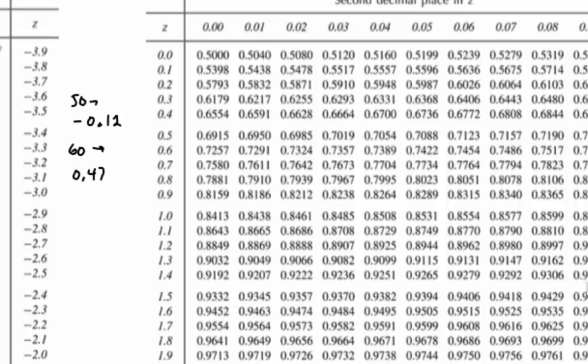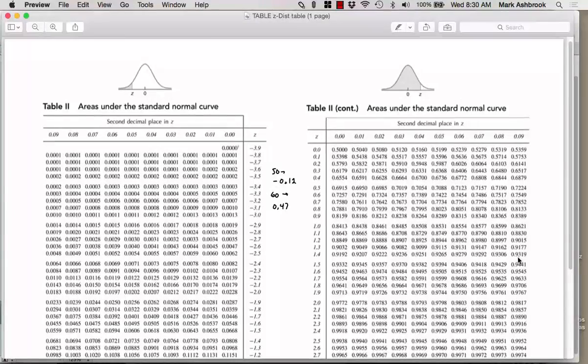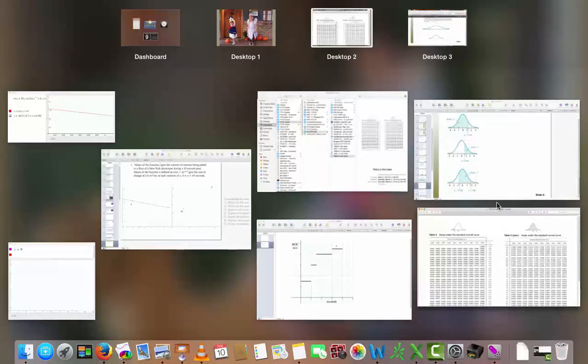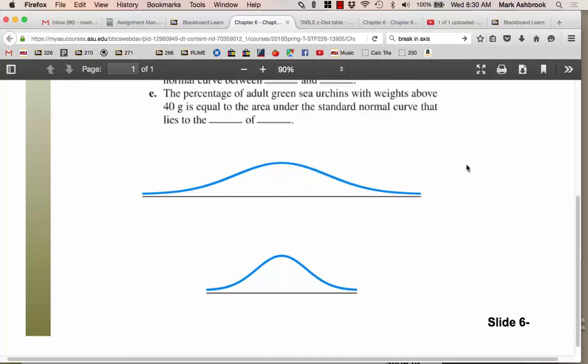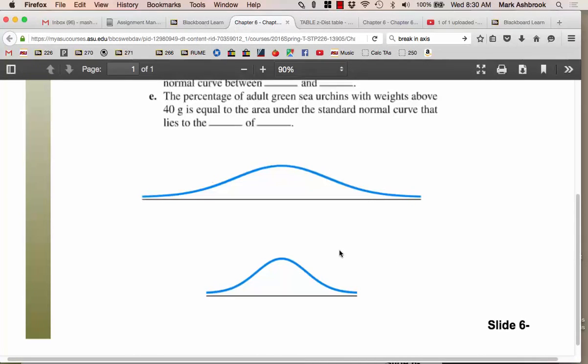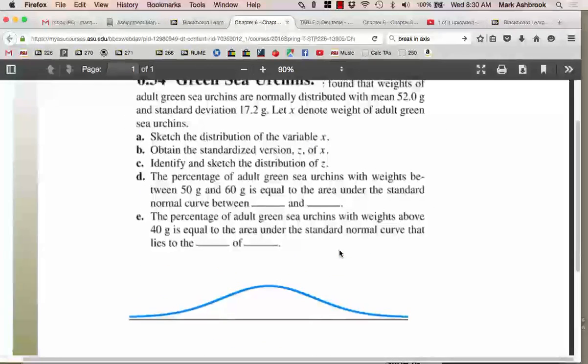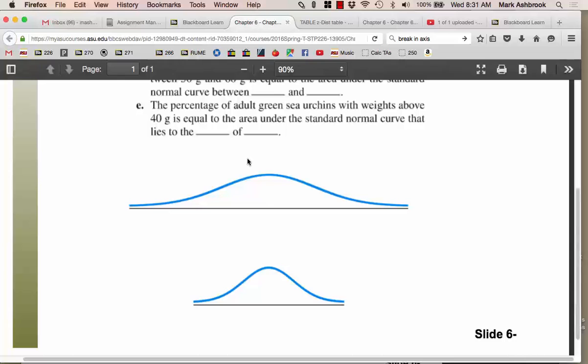Yes. Okay, so let's go back to the picture here. Work together. Go. Do it. Done. Good. Got it?